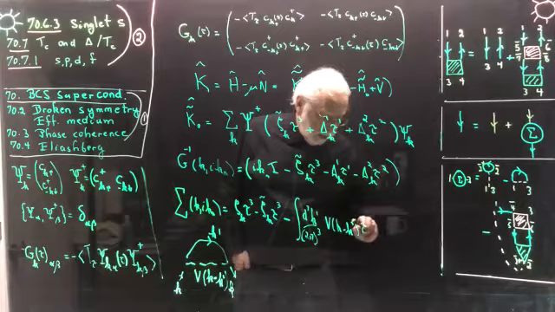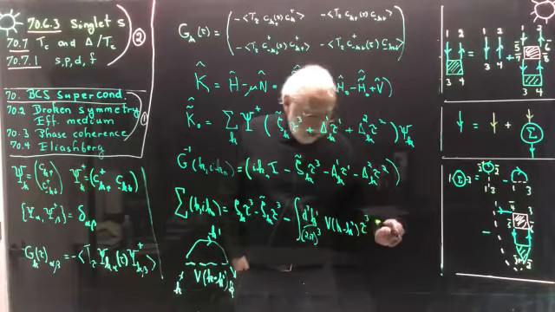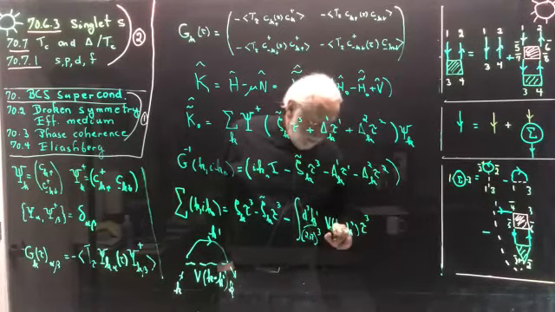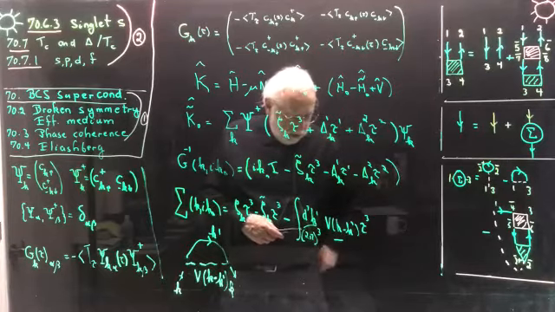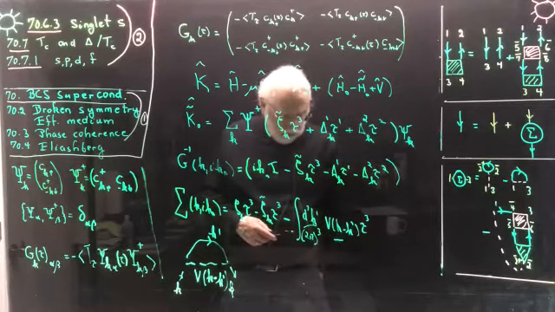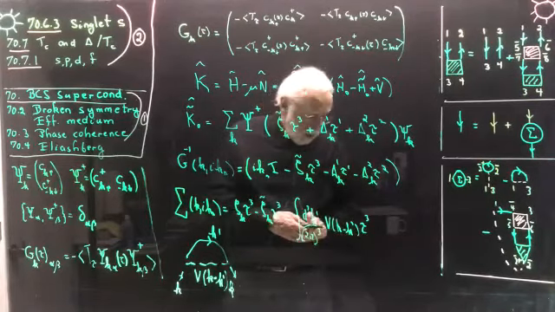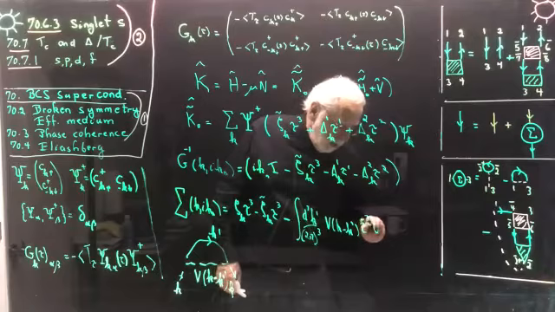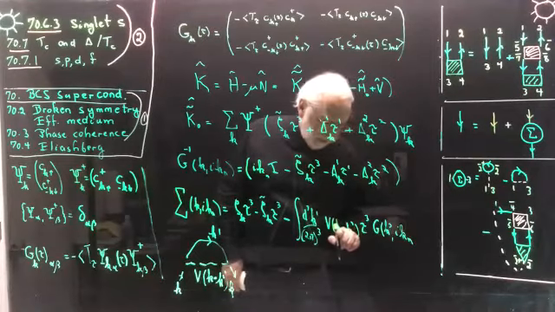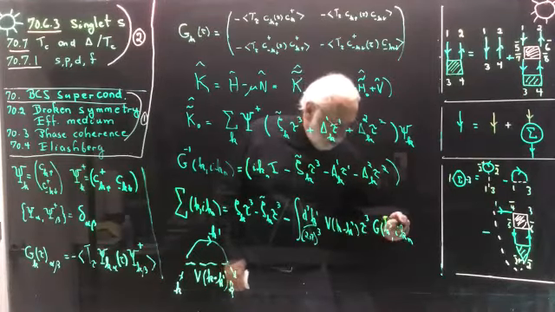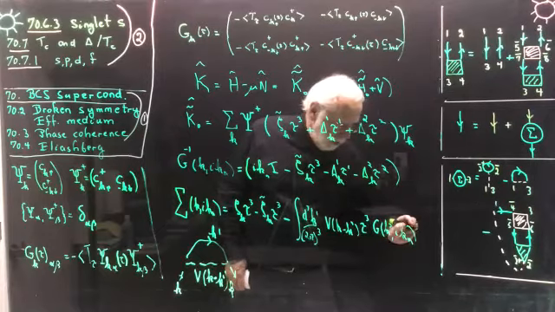So I have tau 3, G of k prime, i k_n, times tau 3. Here I have no frequency dependence in the V. I take the BCS model.